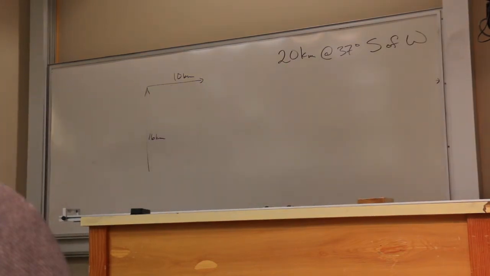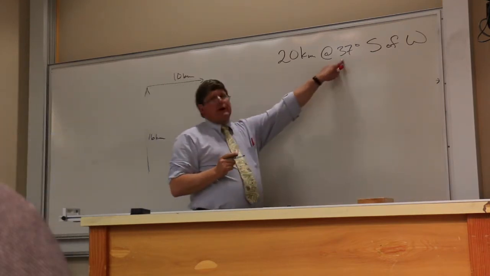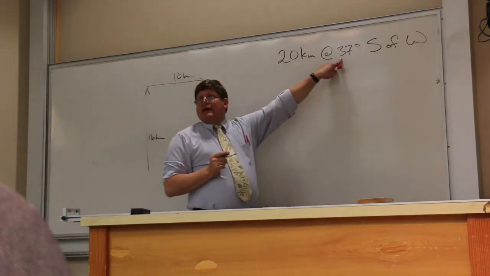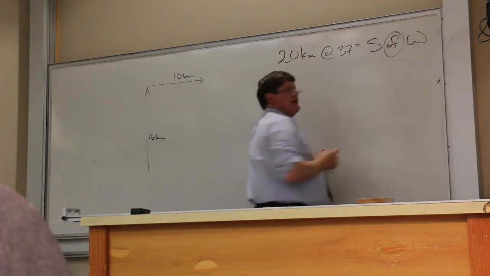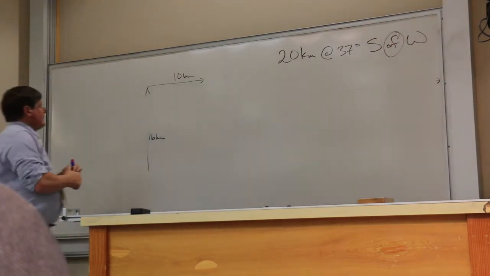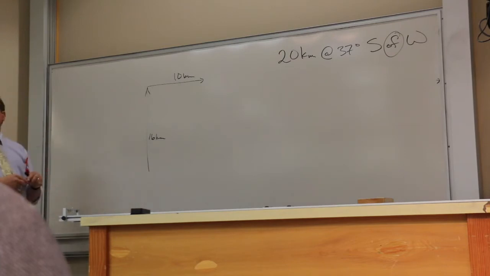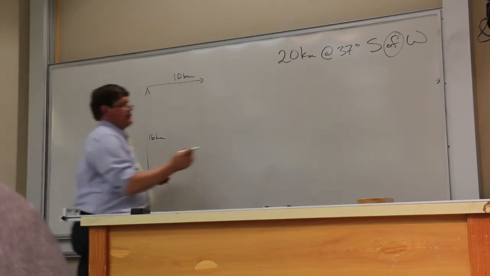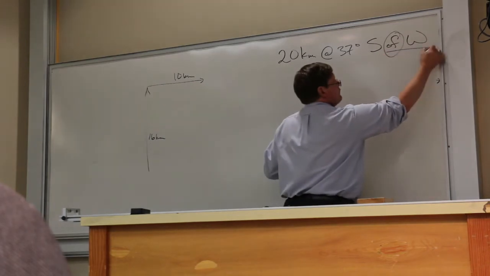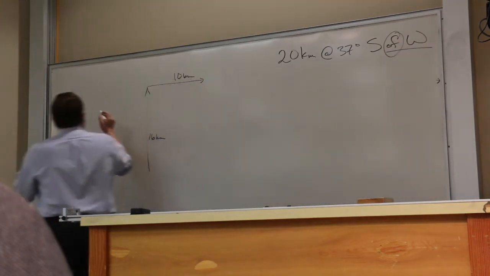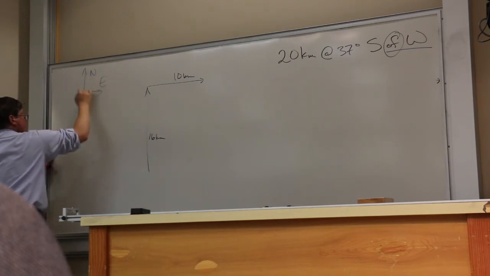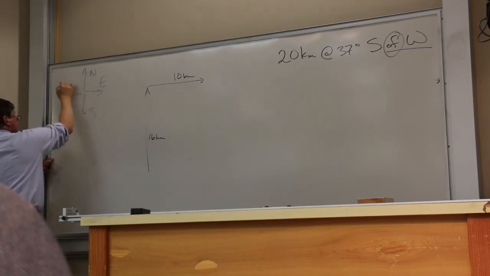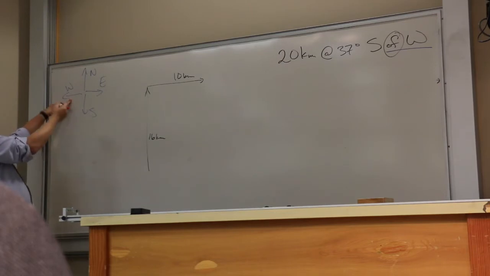Now, mistakes were made. One common mistake was knowing how to place that 37 degrees. The key word here is of. And that tells you what the reference direction is. We're of west. So if I have a standard north, east, south, west, west is my reference direction.